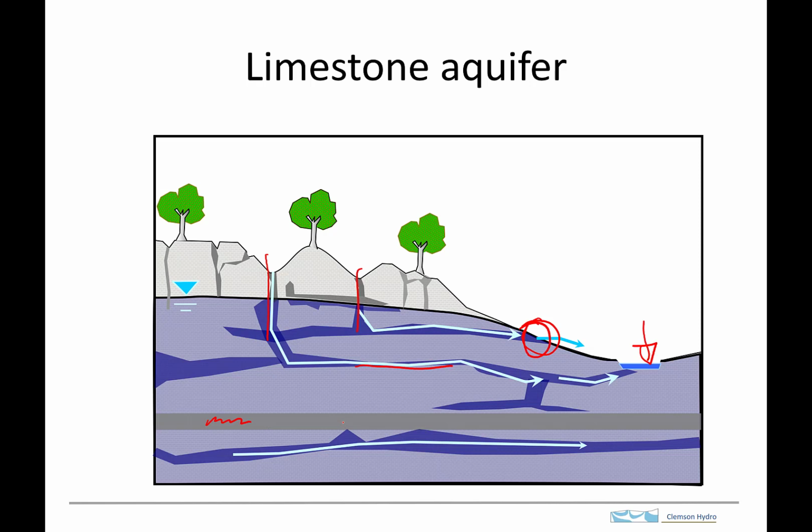So these low permeability unfractured layers are barriers to contaminant transport between this upper zone and the lower.